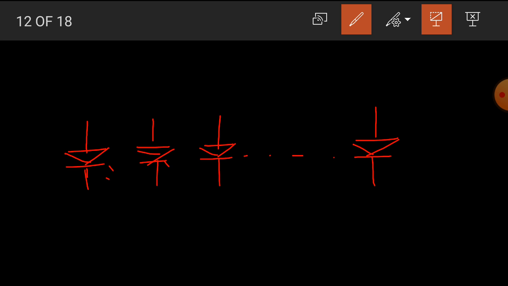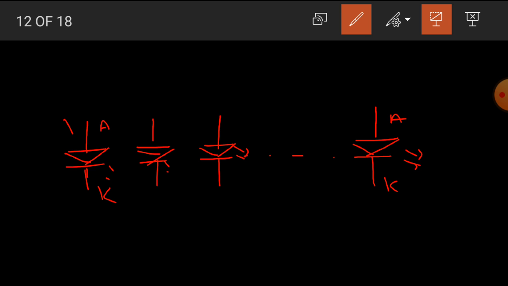This is the first LED, second, third, up to total 7 LEDs. These LEDs emit light. These LEDs have the terminals anode and cathode, similarly anode and cathode.